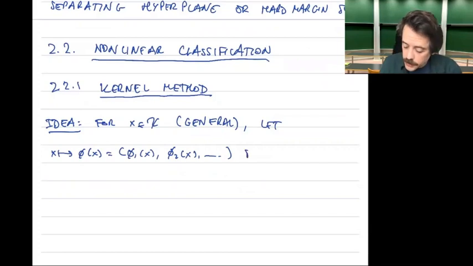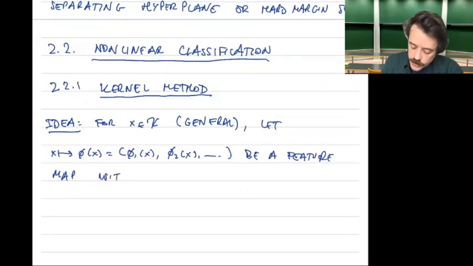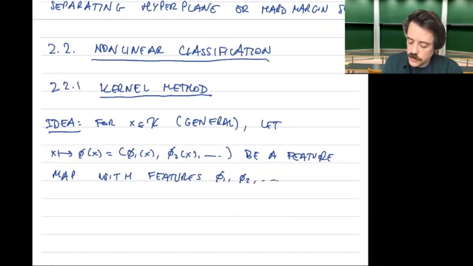This is going to be a feature map, which is the embedding that I was talking about. It's called so because it has features phi 1, phi 2, etc., which could be infinite.